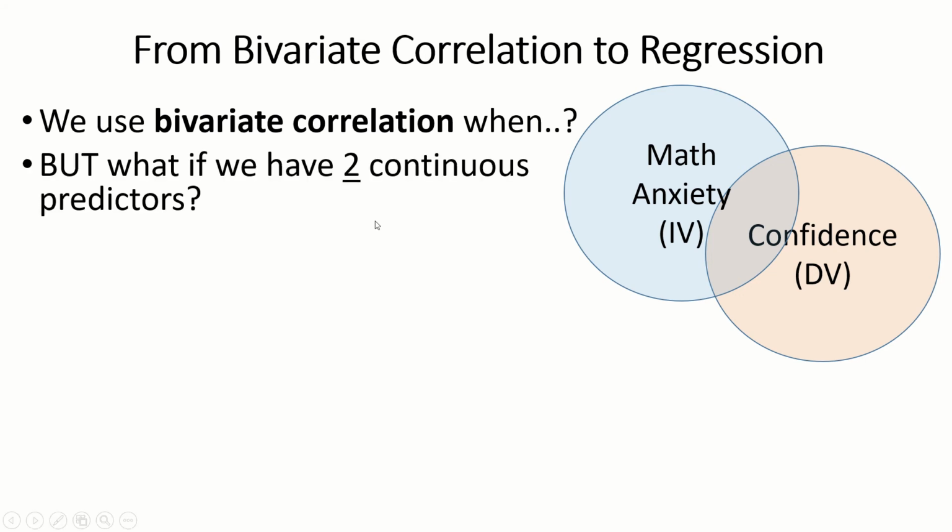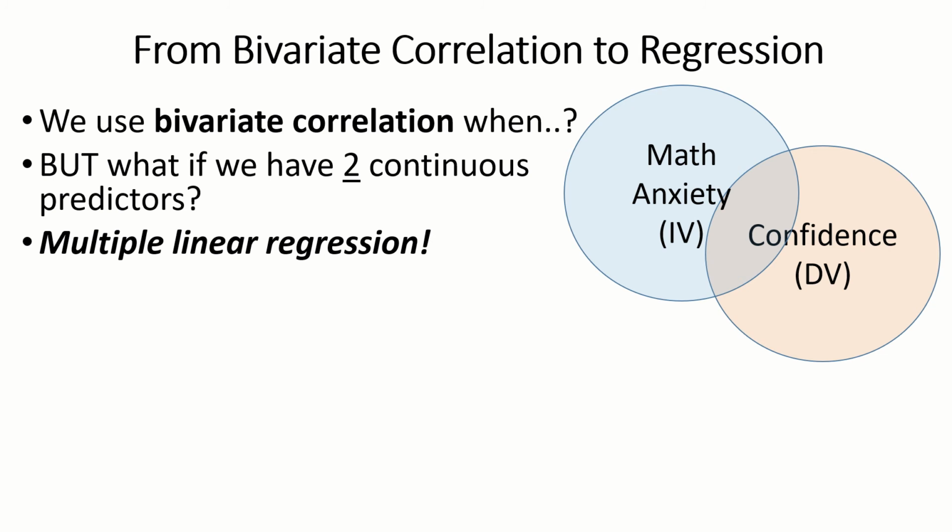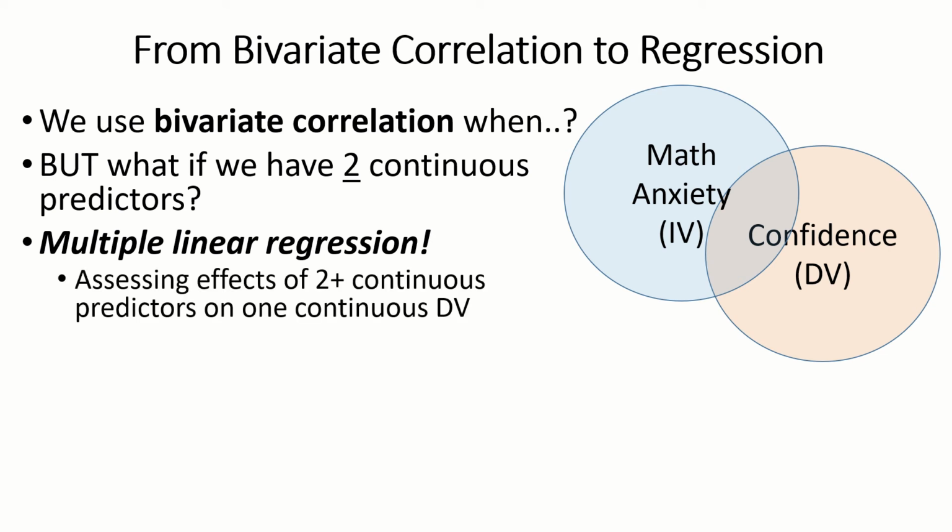But what if we have two continuous predictors? What if we add another continuous IV to this model, to this diagram? We would have to use multiple linear regression. Multiple linear regression assesses the effects of two or more continuous predictors on one continuous DV.